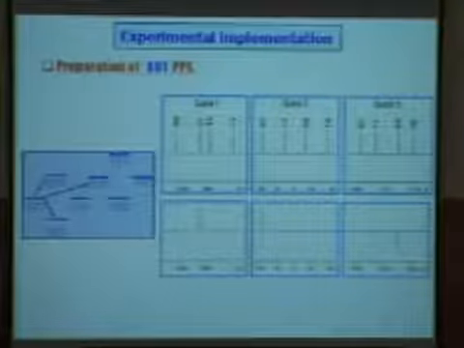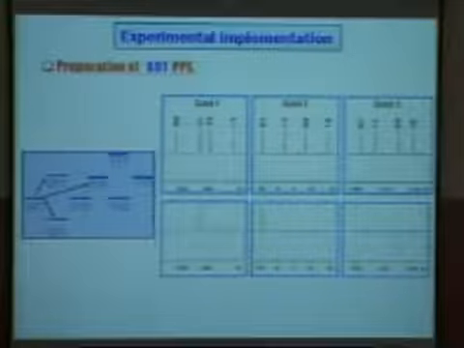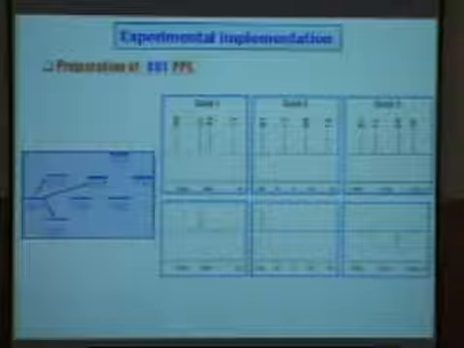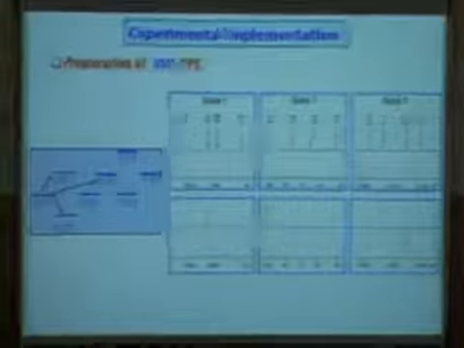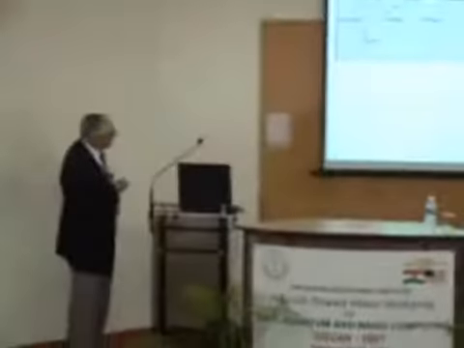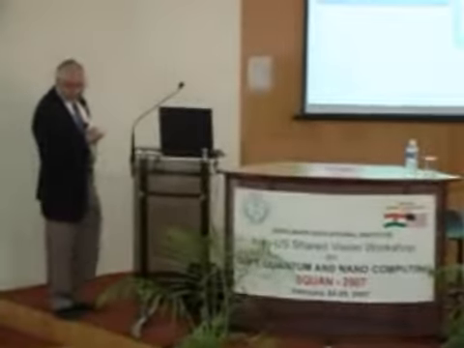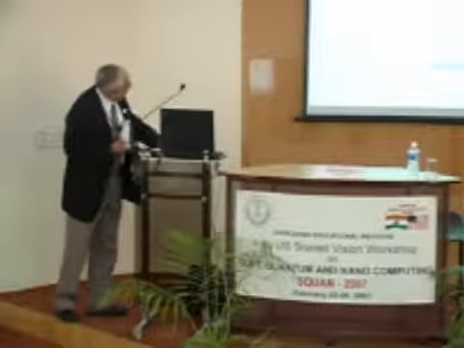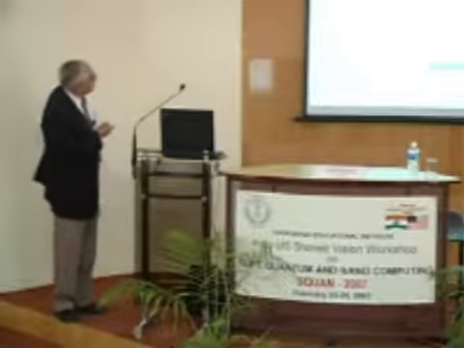All other transitions are 0 because all other states have no population or equal population. And that exactly is the experimental result. So this is the experimental proof that we have prepared the system in a pseudopure state corresponding to the state 0 0 1.